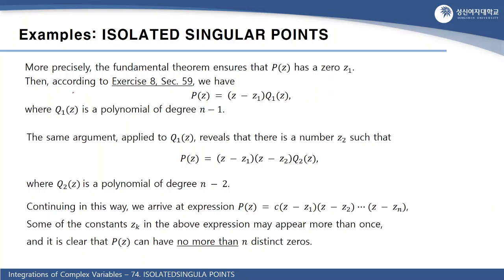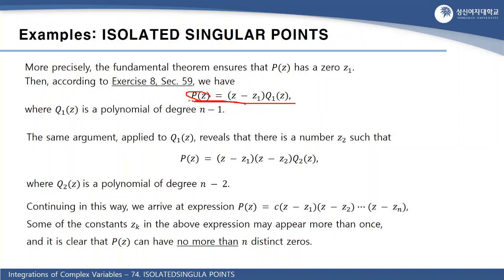Then we apply the result of exercise 8 in section 59. According to this result, we have p of z is z negative z1 times q1 of z. Here q1 of z is a polynomial of degree n negative 1, so its degree is less than that of the original polynomial p of z.